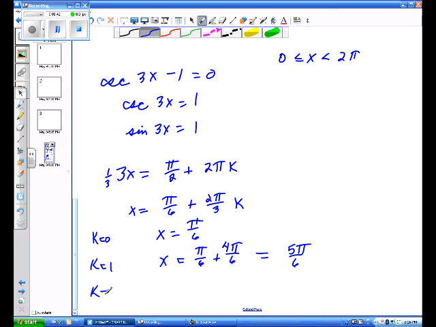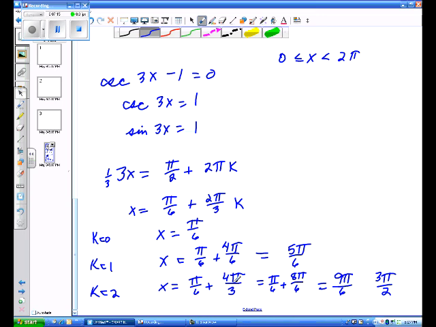And then for k equals 2, we've got pi over 6 plus 2 times that, which would be 8 pi over 6, or 9 pi over 6, which reduces to 3 pi over 2.